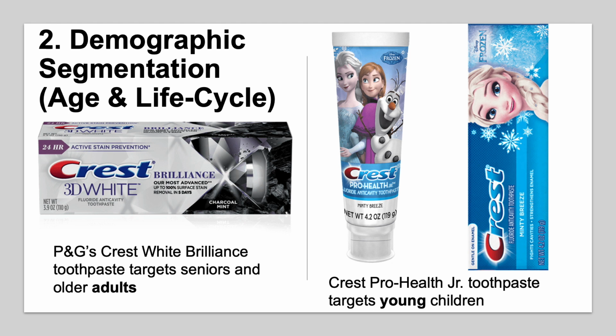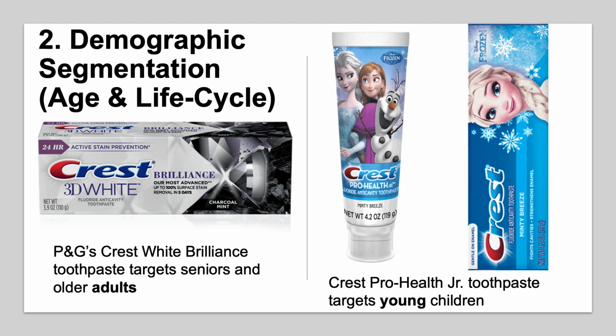It helps seniors turn their tooth stains into a brighter, whiter smile. In contrast, Crest Pro Health Junior toothpaste targets younger customers by featuring packages adorned with Frozen and Star Wars characters and offering a magic timer app to help even the most reluctant child to brush longer.